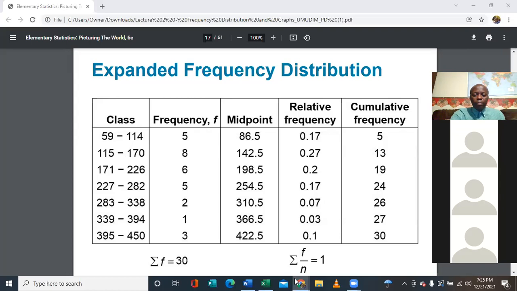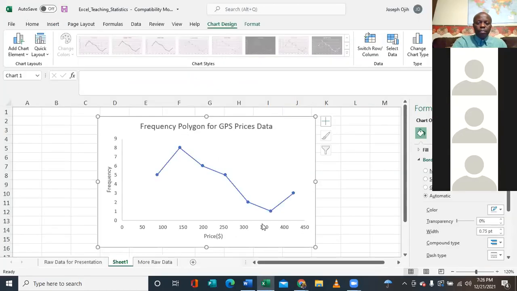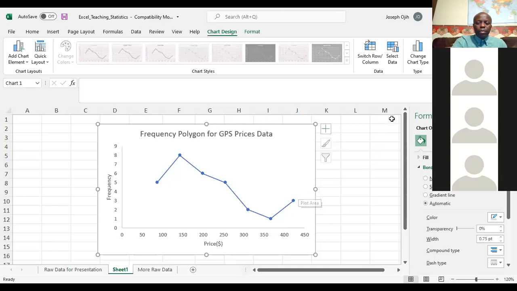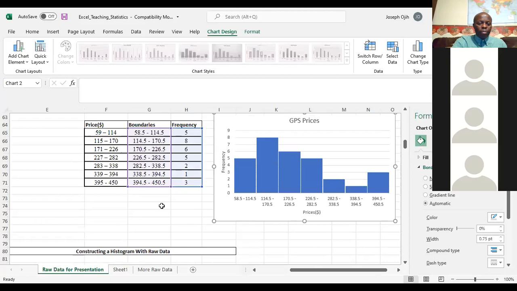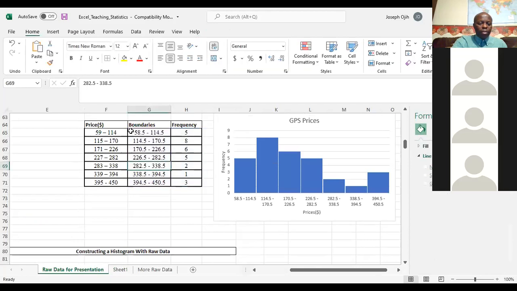Go to Excel, to make it easier and faster for us to draw those graphs. Okay, let me see. We have this already. Let me copy this data from here. We have the boundaries and the frequency.